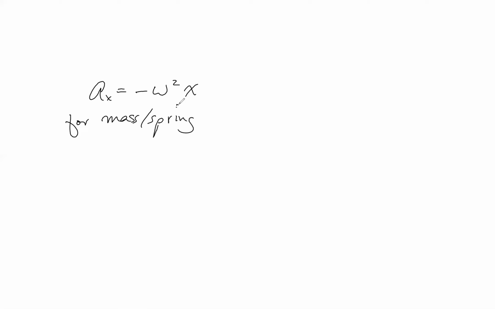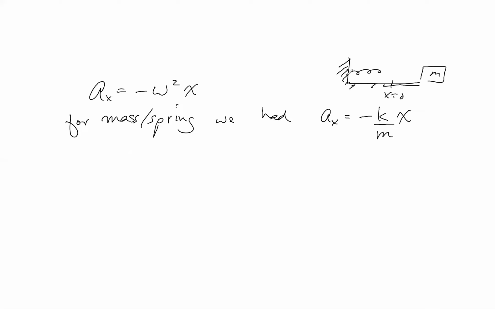And I'll spare you me drawing that one more time. We had originally an expression that a sub x was equal to minus k over m times x. I lied, I can't resist it. I have to draw this, x equals 0. So that acceleration is proportional to minus k over m times x.